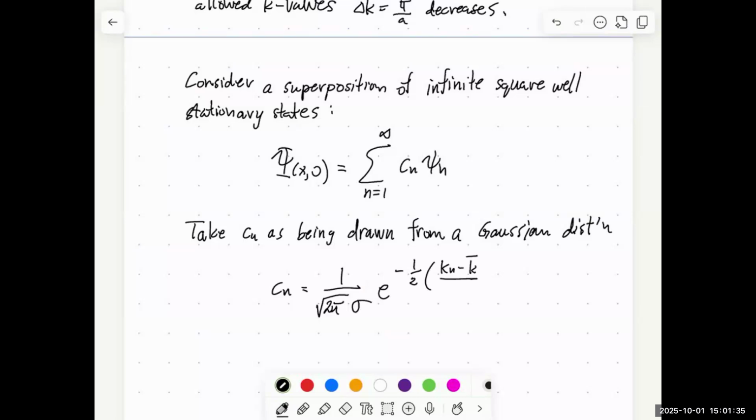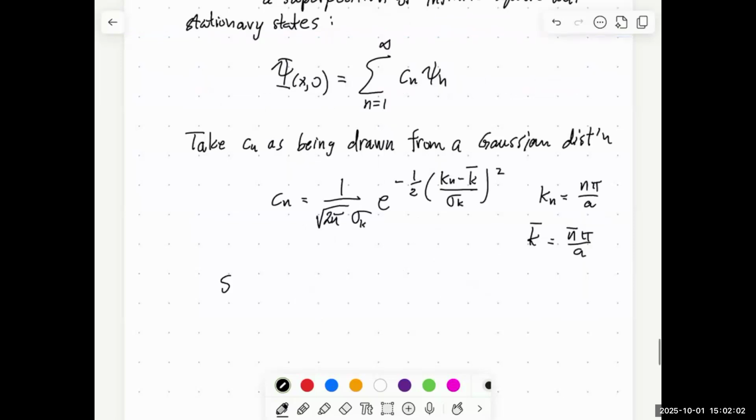Then I will set some width, with a k subscript on my width. So my k_n is n pi over a, and my k bar is some n bar pi over a. So n bar could be 5 or 6 or 100 or whatever.